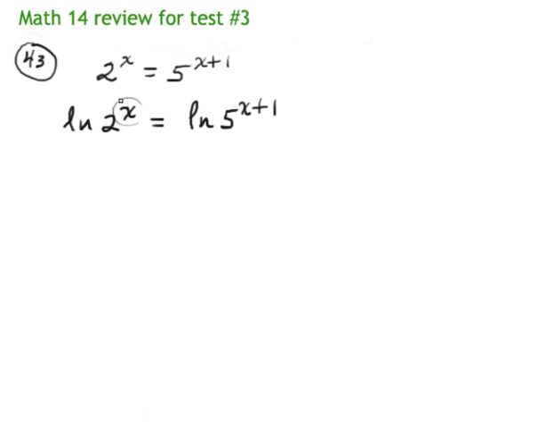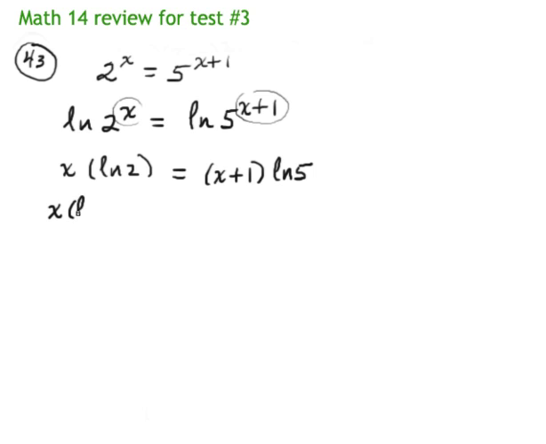Okay, this comes down in front, so I have x times ln 2, and then this comes down in front, x plus 1 times ln 5, and pretty much we'll do the same thing we did before. Multiply through, and we have x ln 5 plus ln 5.